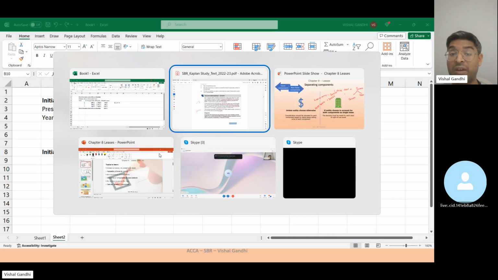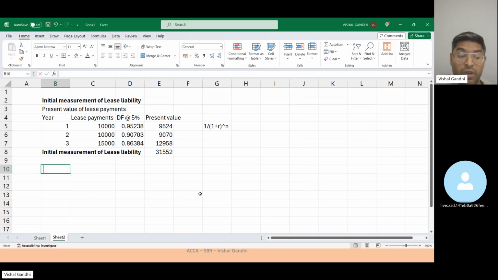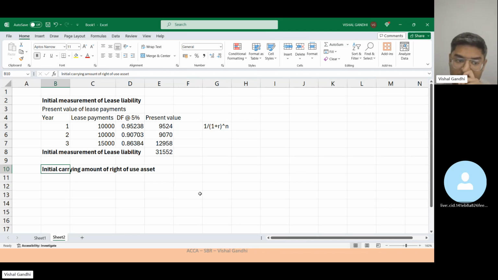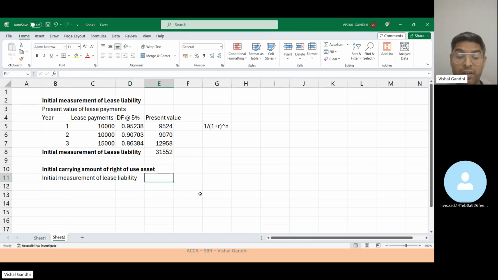Now they have also asked to calculate the initial carrying amount of the right of use asset. The first component is always the initial measurement of the liability, which we have already calculated, 31,552.